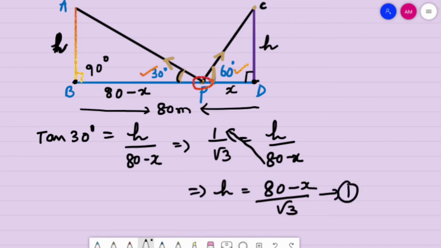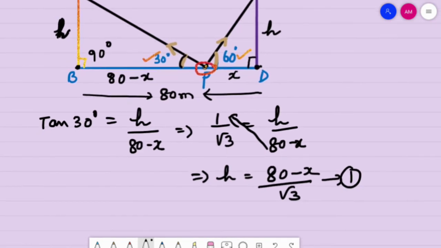Now let us look for H from the second triangle. From the second triangle you can have tan 60 is equal to opposite side H and adjacent side X. Now what is tan 60? Tan 60 is root 3.